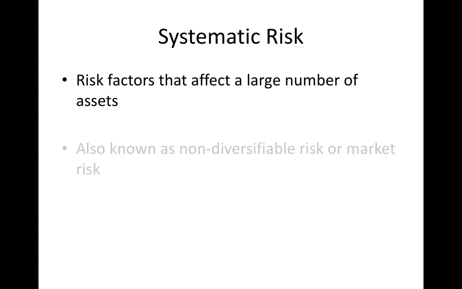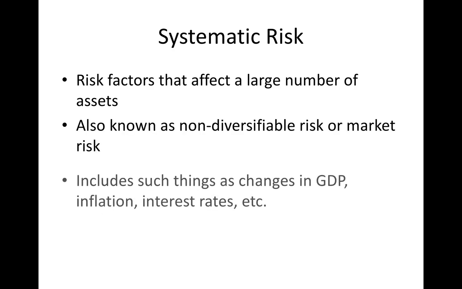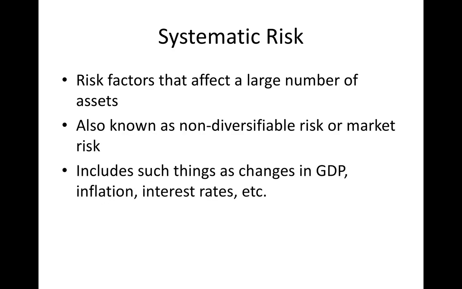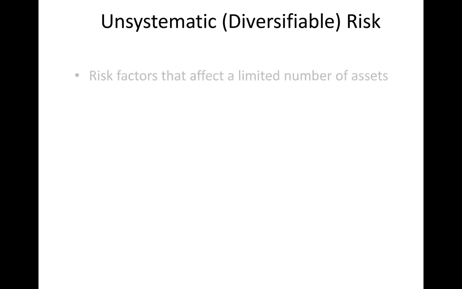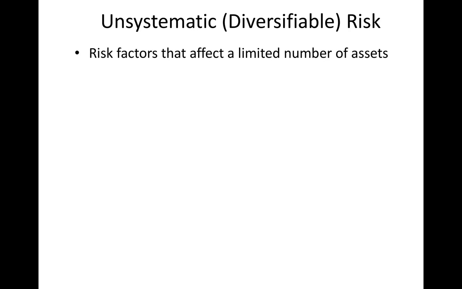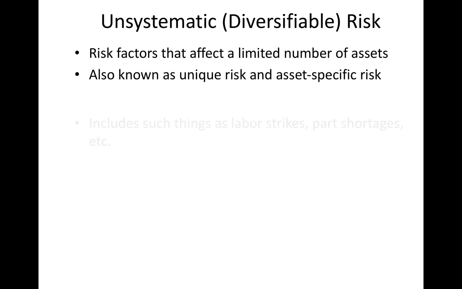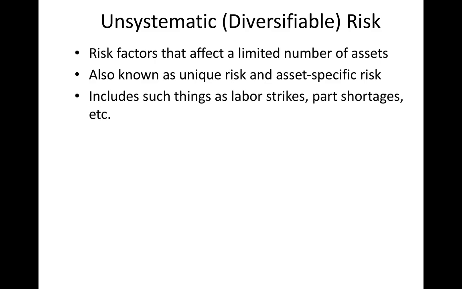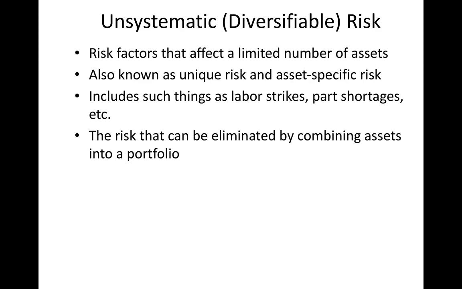And it flows from a number of issues such as changes in GDP, which affects the entire economy, inflation, interest rates, etc. Now, when it comes to unsystematic risk, which is diversifiable, this normally comes from things like labor strikes, shortages, etc. Now, this is referred to as unique risk and asset specific, meaning that once you begin to move your concentration of investment from certain assets, you also begin to reduce the risk that is inherent in those specific assets.